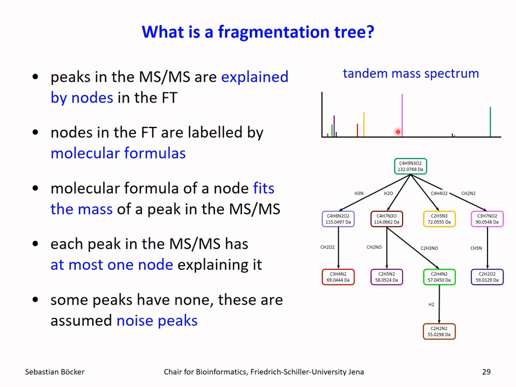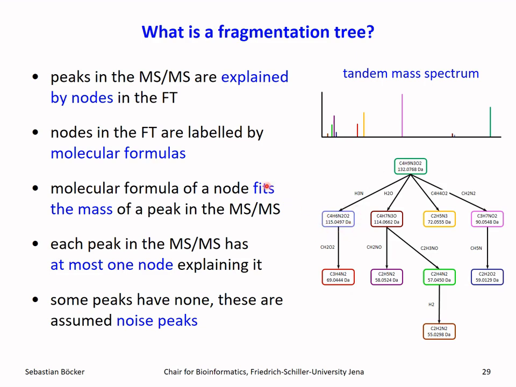So the mass of this molecular formula, or the corresponding ion, if this is not the ion form, anyways, the mass of this is the mass of this peak plus minus the mass inaccuracy that we allowed. And that's true for any of these colored peaks in here. They are all explained by some node of this fragmentation tree. This is called a node.